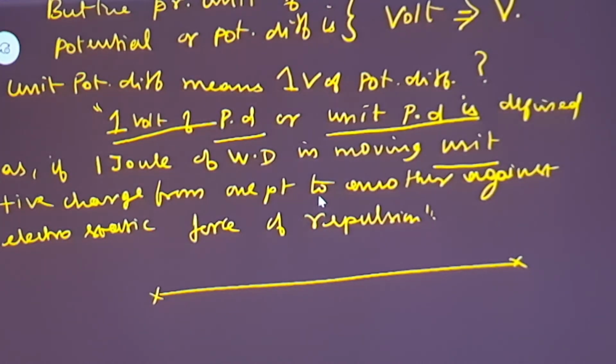Hope you have a clear idea regarding electric potential energy, electric potential energy difference, what you mean by potential difference, what you mean by potential at a point, and also the important points and the unit for potential and potential difference.